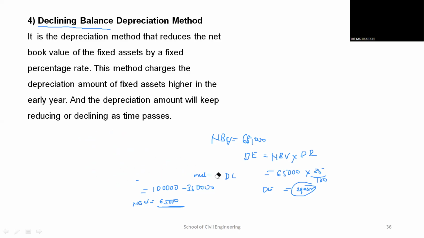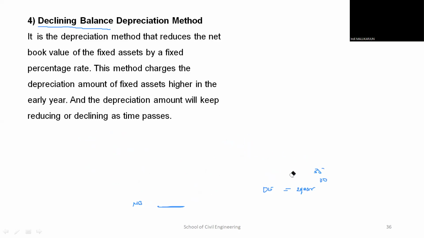See here, the declining balance method is the depreciation method that reduces the net book value of the fixed asset by a fixed percentage rate. What I said, 35% is the fixed percentage rate, and this will keep reducing as time passes.